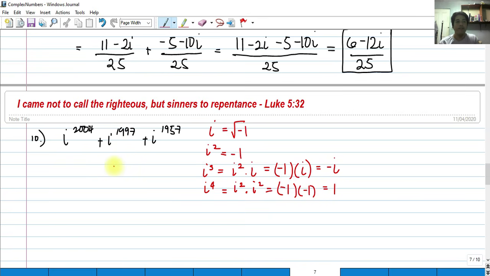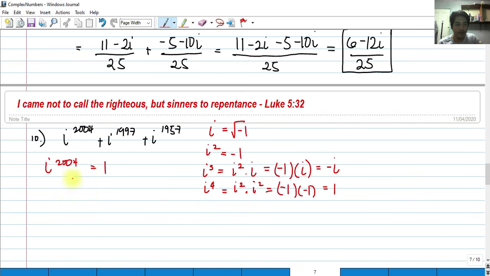So if the exponent is divisible by 4, without remainder, then automatically that is equivalent to 1. So i raised to 2004 is divisible by 4, so that is equivalent to 1. This term is only equivalent to 1.